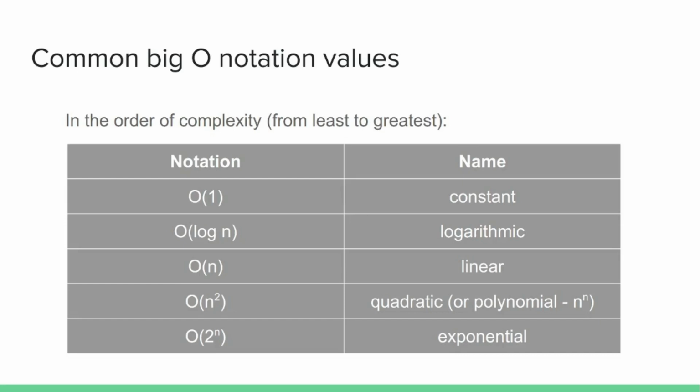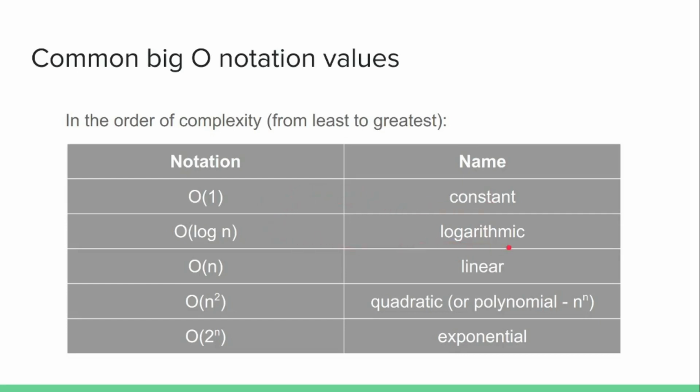So it doesn't matter how many items we have in our data set. We could be looking at 100 items or 1,000 items or 1,000,000 items. Our program will execute the same number of steps no matter how many items are in the collection that our algorithm works on. So we call that constant complexity.